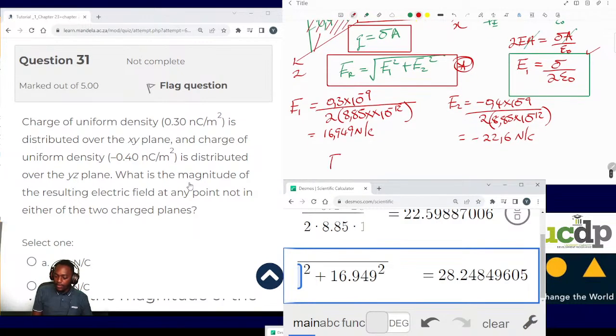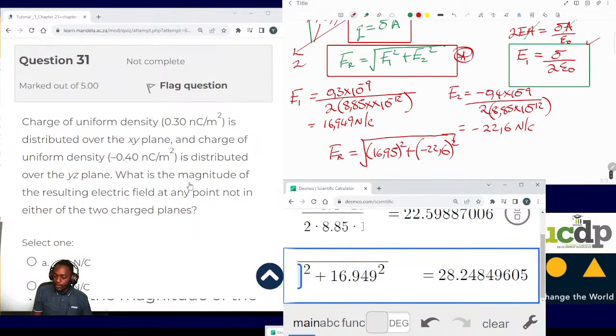So our E resultant is going to be equals to 16.95 squared plus negative 22.6 all squared. And from there, we'll get a resultant of 28.2 Newton per Coulomb.